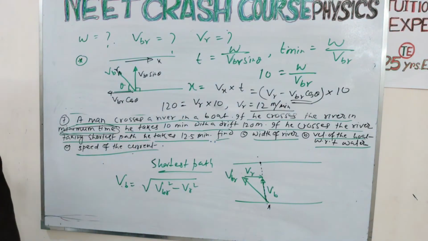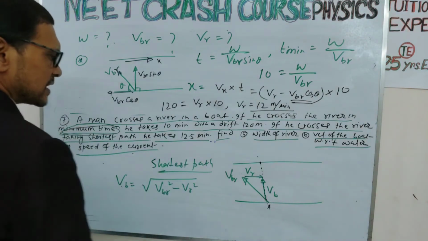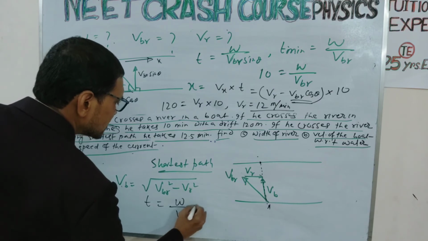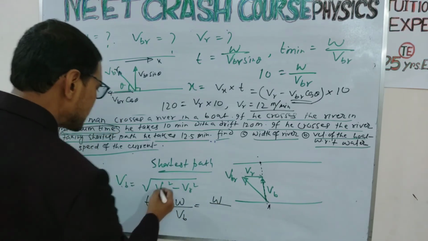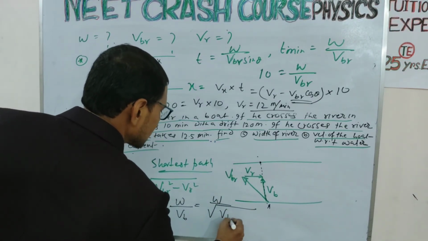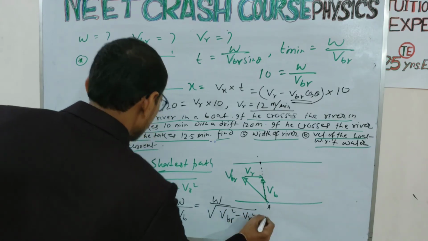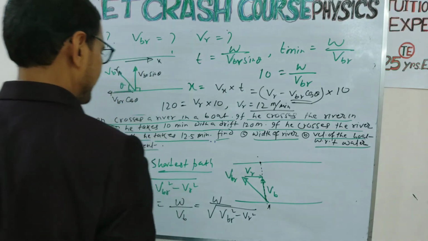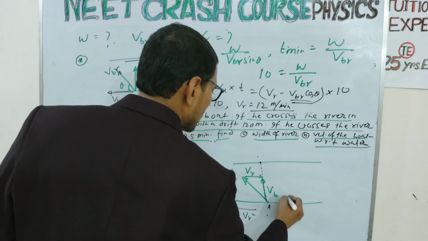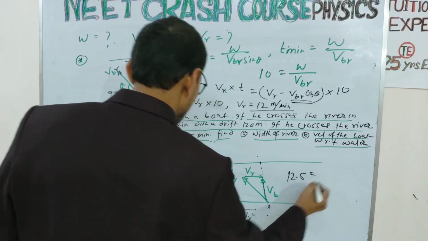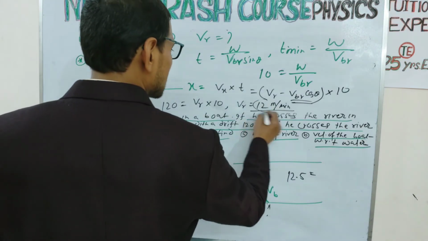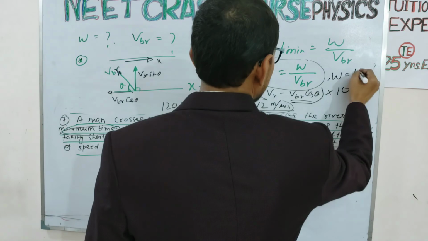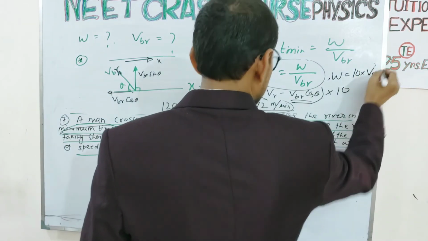Now the time taken here, T equal to W by VB, which is equal to this. Now T equal to 12.5, so 12.5 equal to W by root over VBR square minus VR square, and W equal to 10 into VBR.